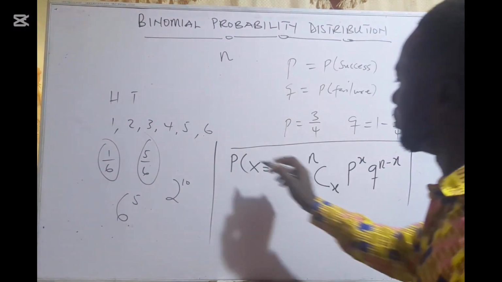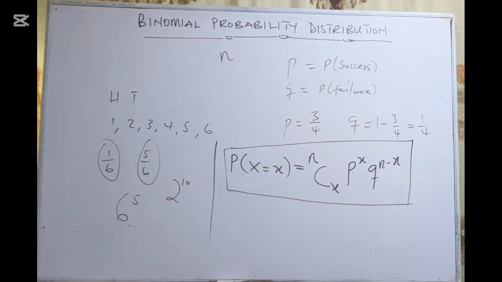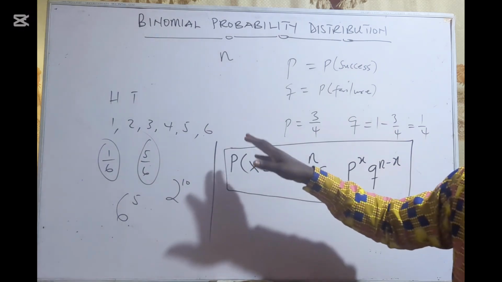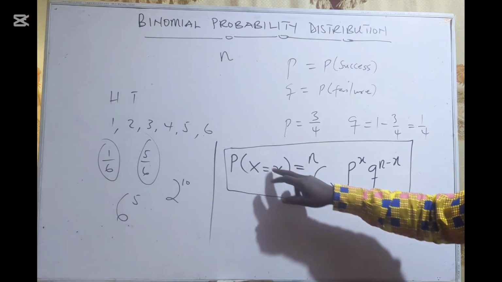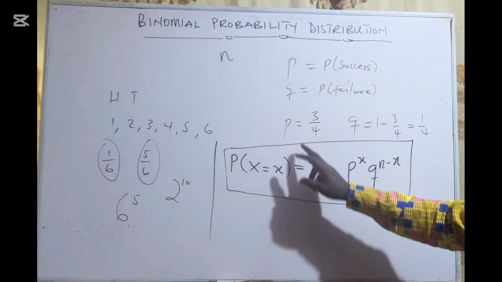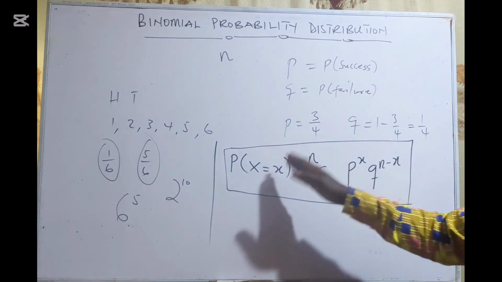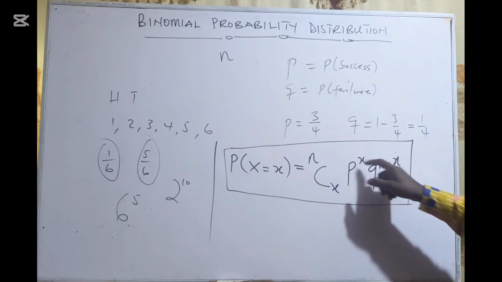So this becomes our formula for binomial probability distribution. All right, probability of, let's say our variable is x, is equal to the x that is telling us the number of outcomes depending on whatever the question is requiring from us. Then you take the number of trials combination, the number of outcomes, then the probability of the success exponent x.